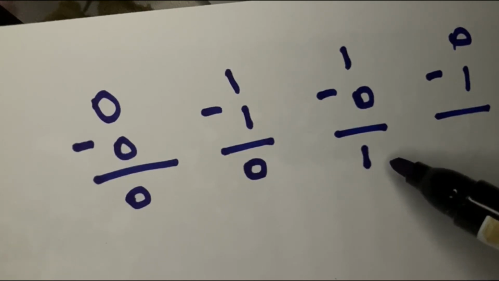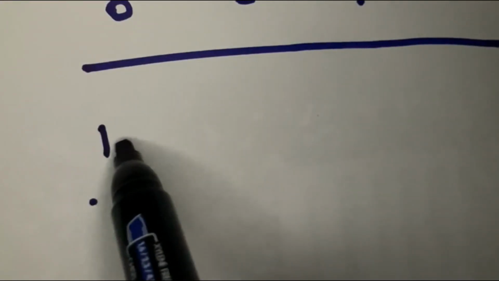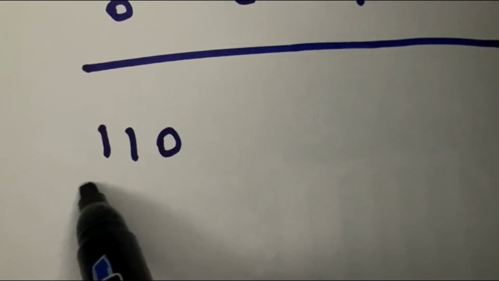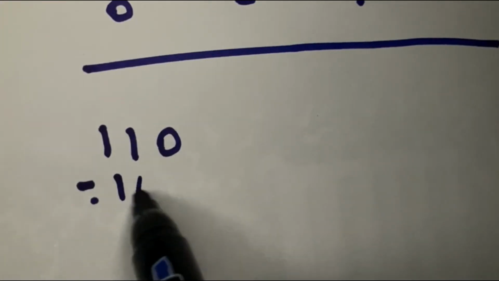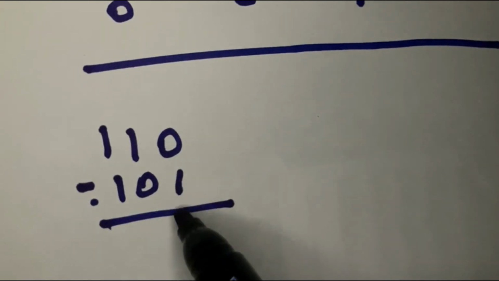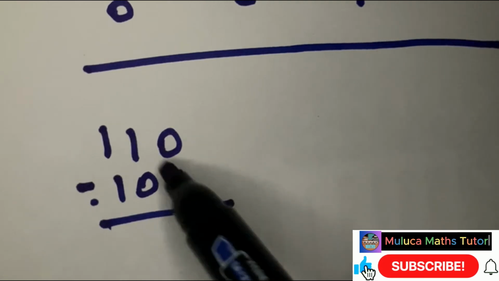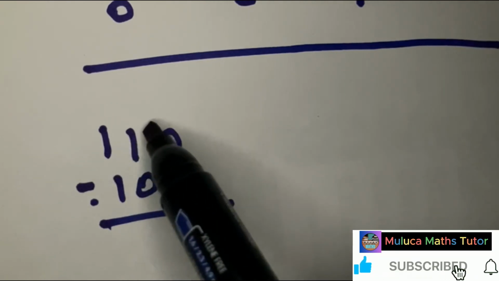So we'll continue to our example. Example 1. Let's subtract 110 minus 101. 0 minus 1 we cannot subtract, as we said, it will make it negative, therefore we have to borrow from this column.